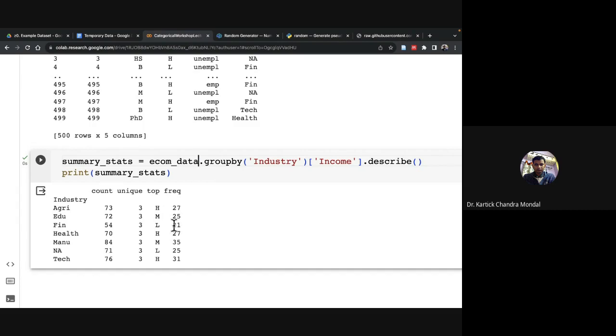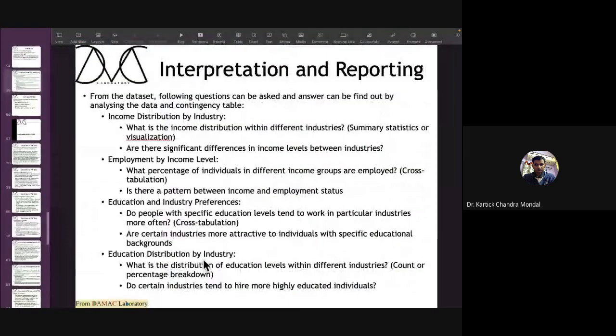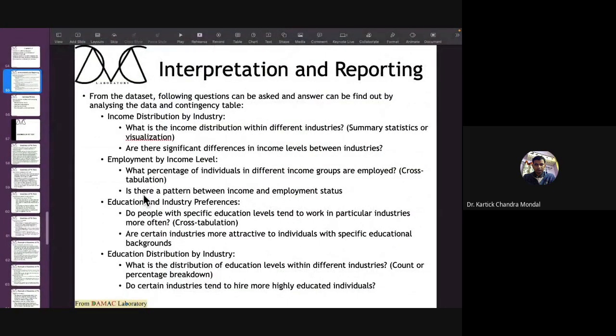So if you analyze the income level, the number of count, the industry and the frequency value here, you can get many different answers for this question. Are there significant differences in the income level between the industries? Yes for some cases, no for some cases. And if you explore it, you can get more answers.